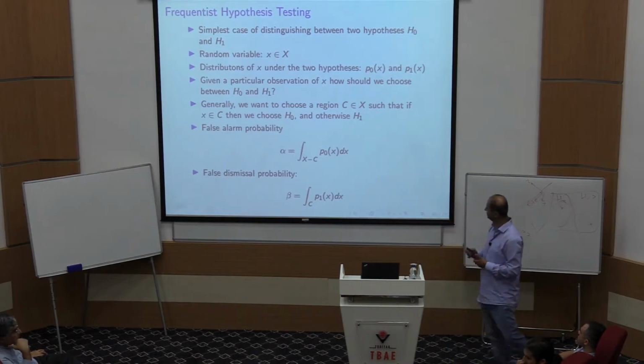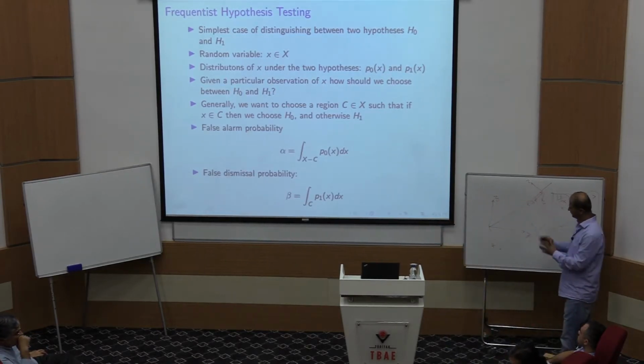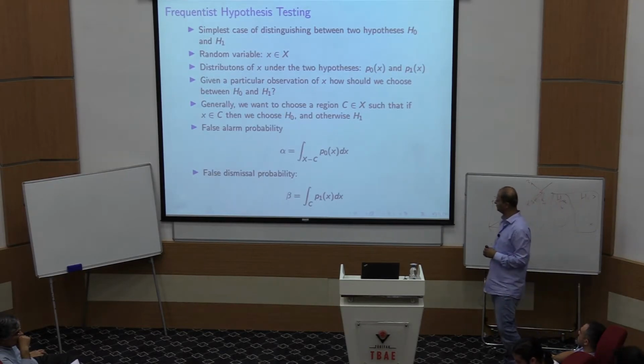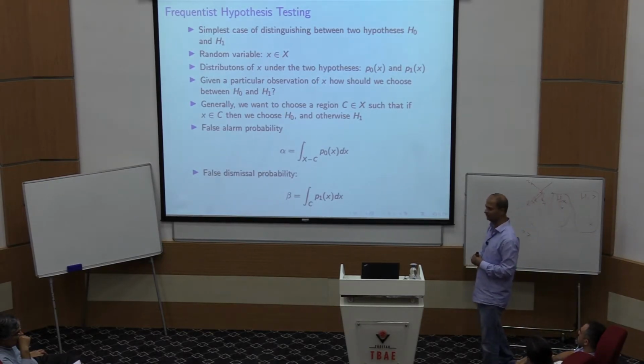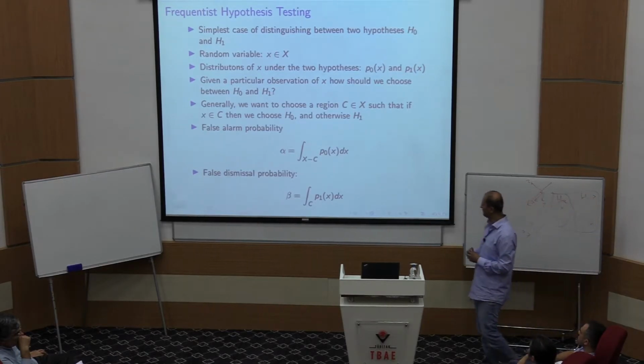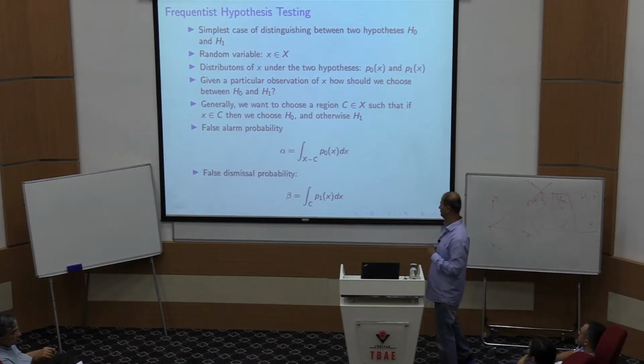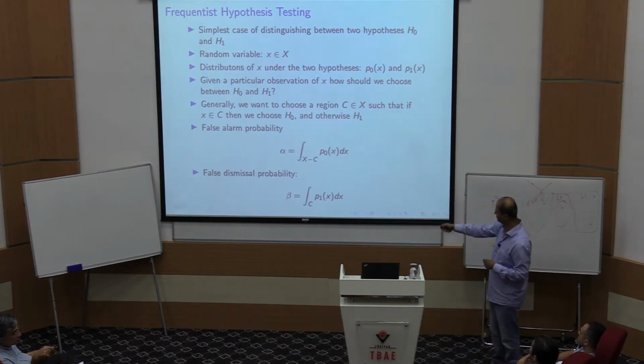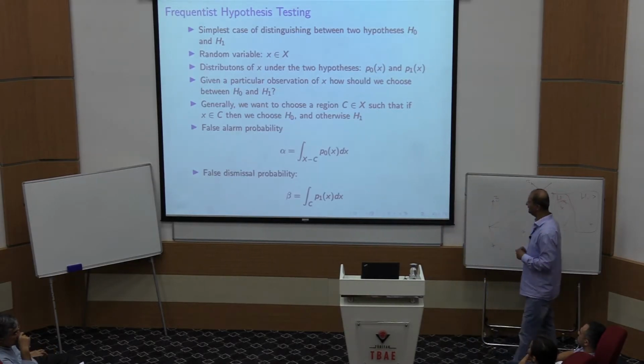And this is one of these things that were done by people in the early 1900s. I think they were looking at genetics or things like that. But anyway, the result is based on two quantities that you have to compute. The first is a false alarm probability.